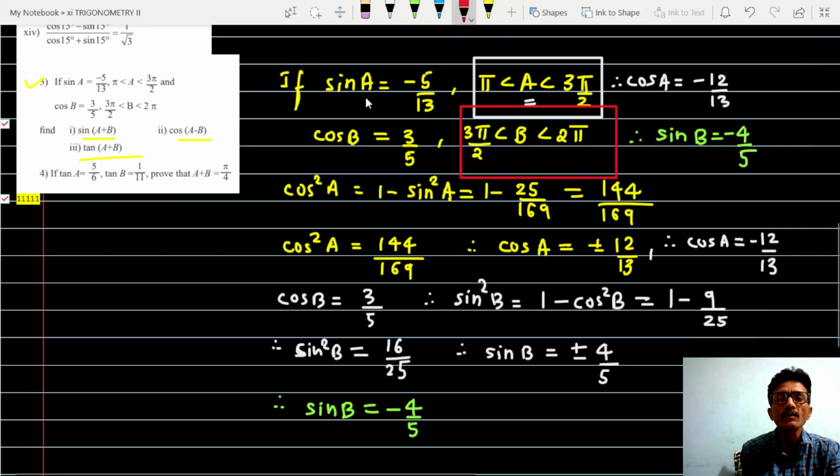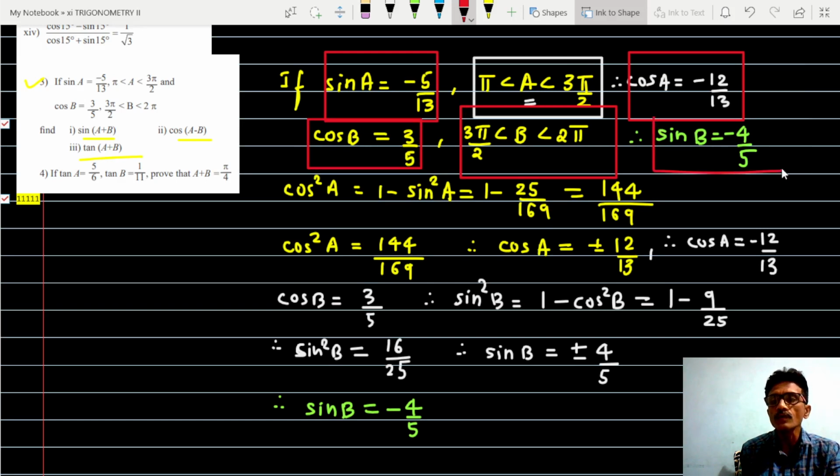Now we have sin A equal to minus 5 upon 13, cos A equal to minus 12 upon 13, and cos B equal to 3 by 5, and sin B equal to minus 4 upon 5.